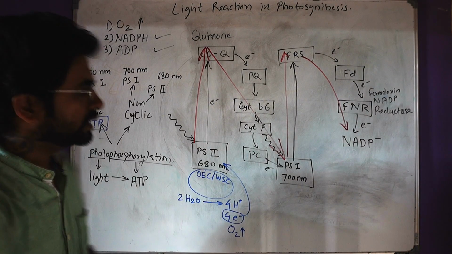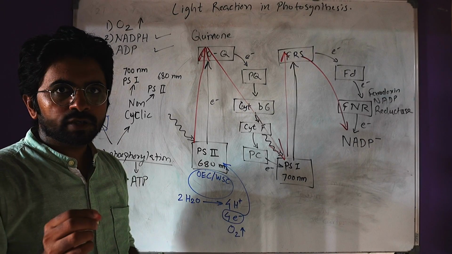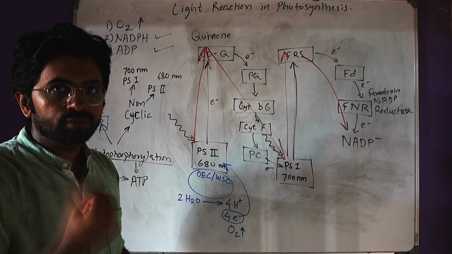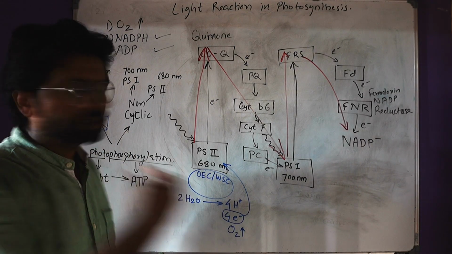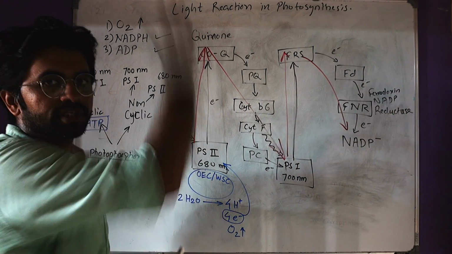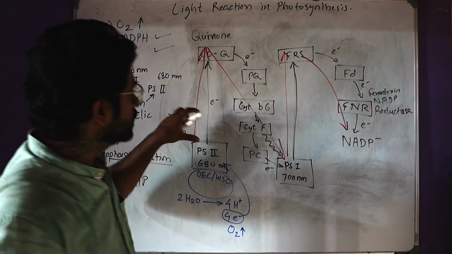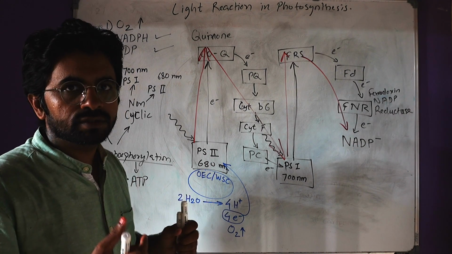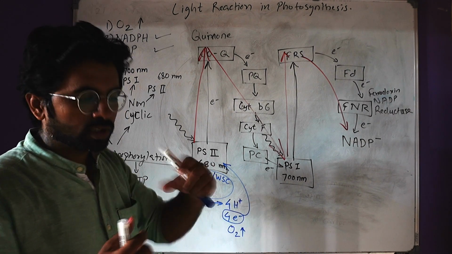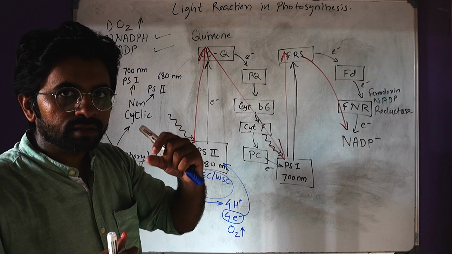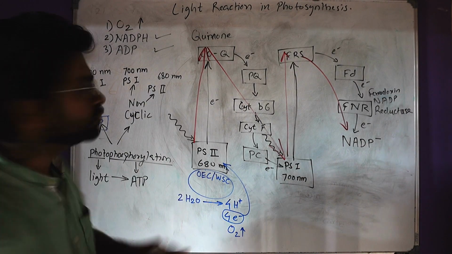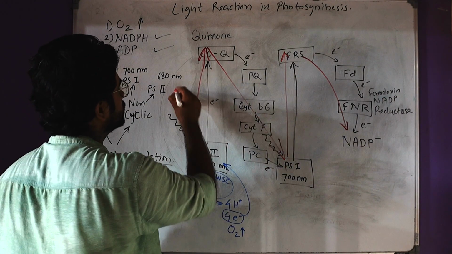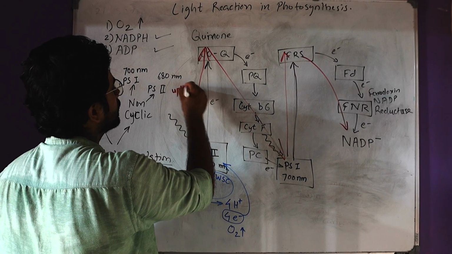I told you, whenever the electron gets excited, it consumes energy and is ejected from its place, moving from low energy to high energy state, then it is an uphill movement.